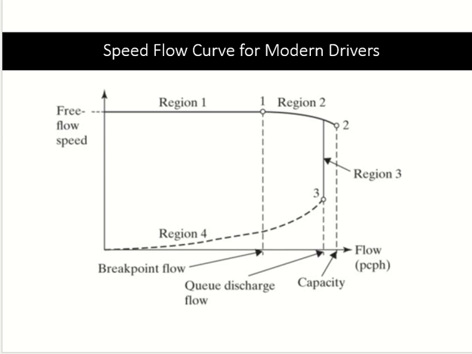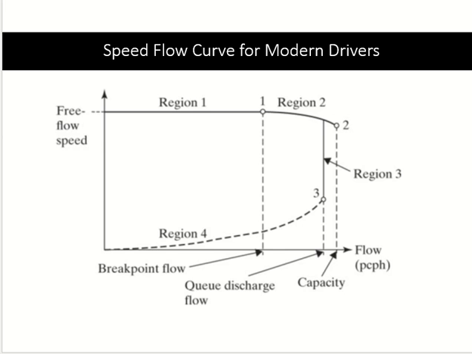They are coming at this speed, then suddenly they drop to this one. Clear? Then after this, again the expected phenomena: the flow keeps on decreasing because the queue is getting longer, and the speed also keeps on decreasing. Clear?